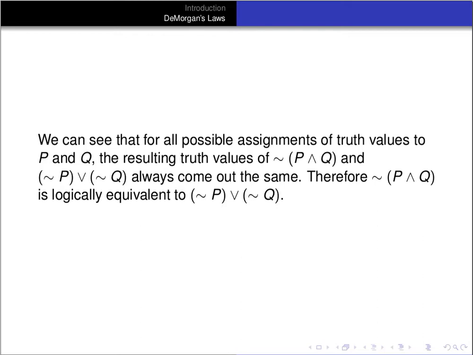And therefore, we say that not (P and Q) is logically equivalent to not P or not Q. Okay, so that's always the way you would prove two logical statements are logically equivalent, is look at their truth values and show exactly this.